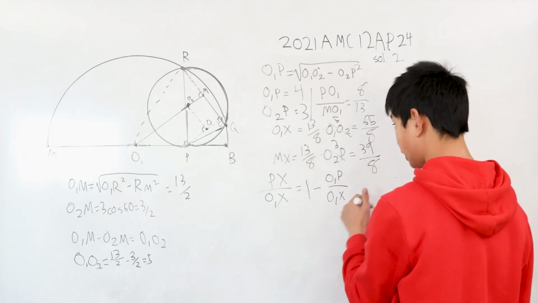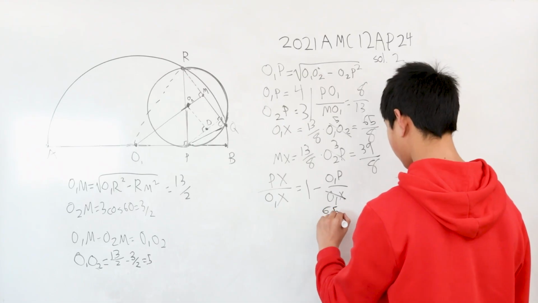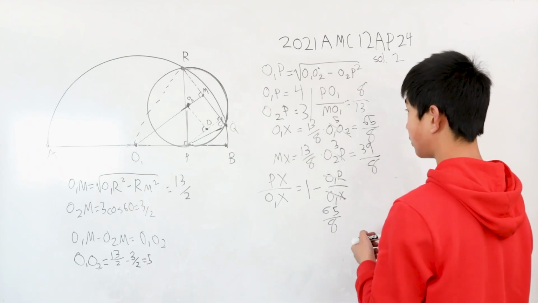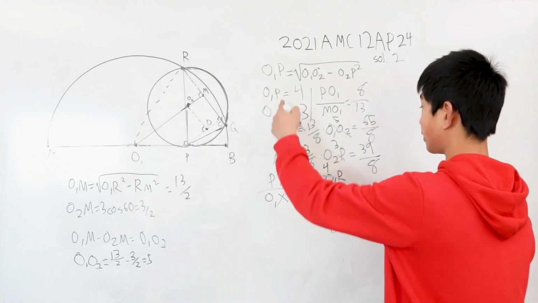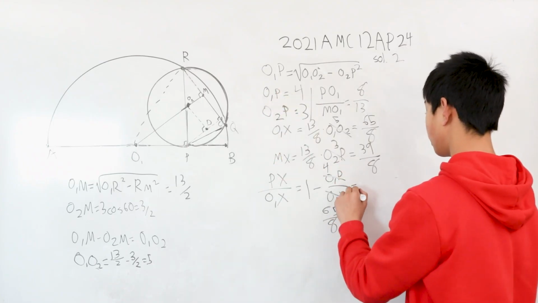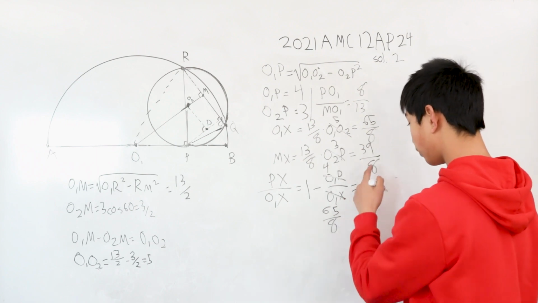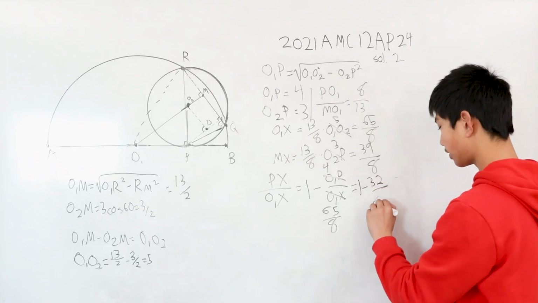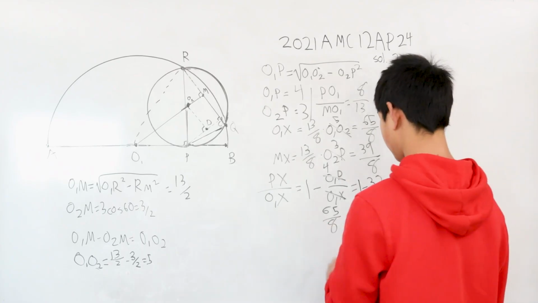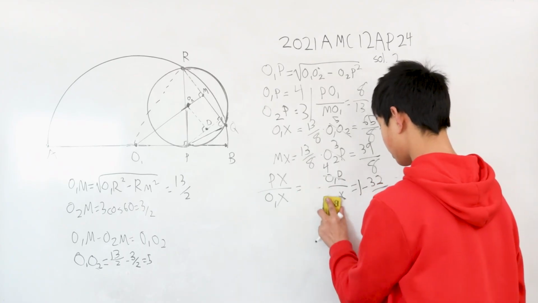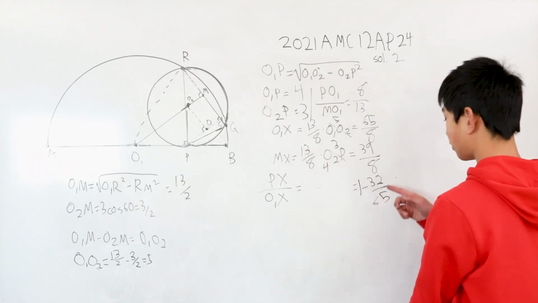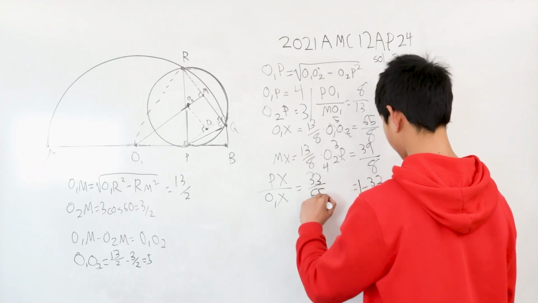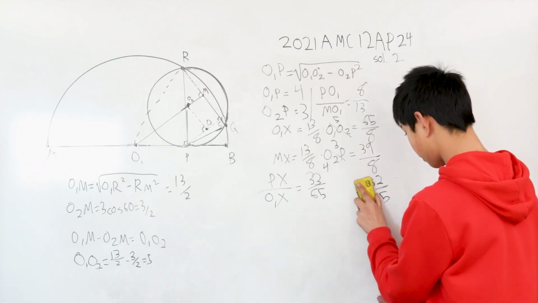So we know that this length is 65 over 8, and we know that this length, O1P, is 4 because we solved for it earlier here. This is going to be 1 minus 32 over 65. So this whole thing is just evaluating to 1 minus 32 over 65, or 33 over 65. And we erase this.